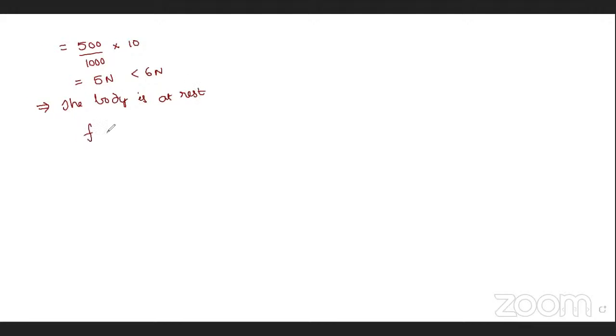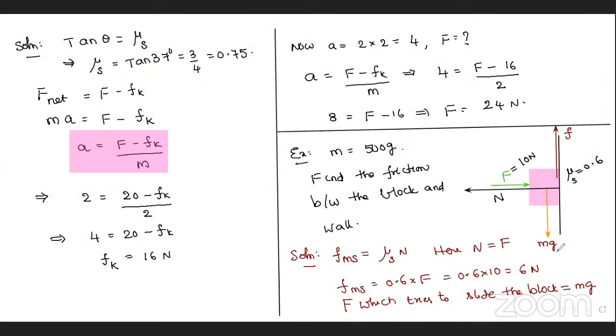At rest, I have to say Fs is equal to applied force F which tries to slide. So which it tries to slide means, is it 5 newtons or 10 newtons?